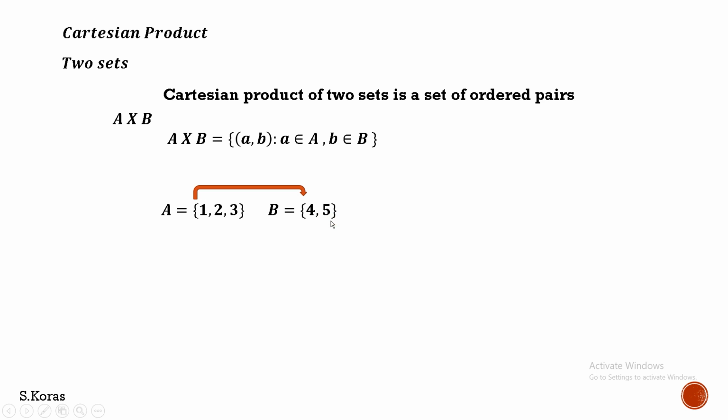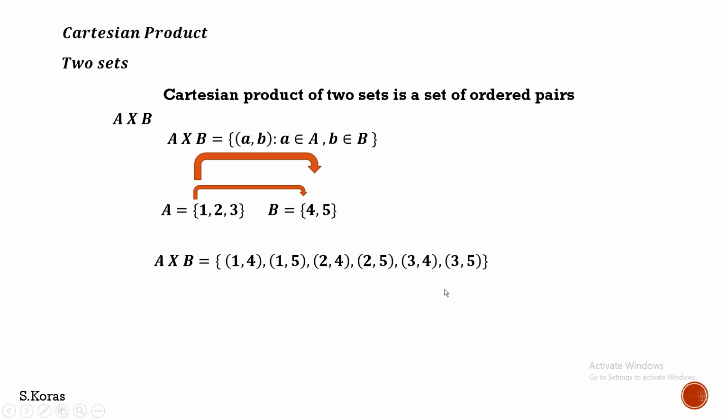So if we do it like this, we'll get the result as (1, 4), (1, 5), then (2, 4) and (2, 5).